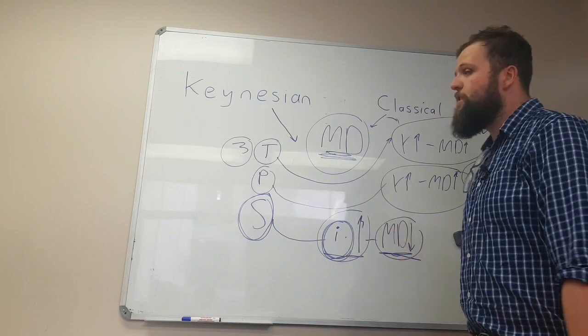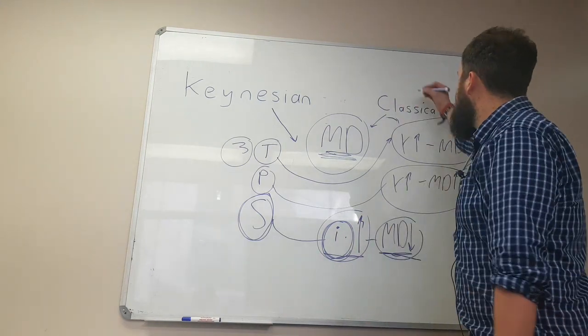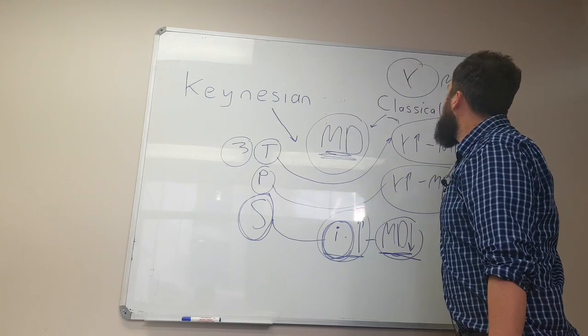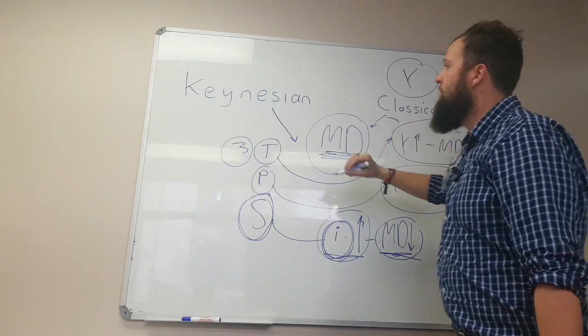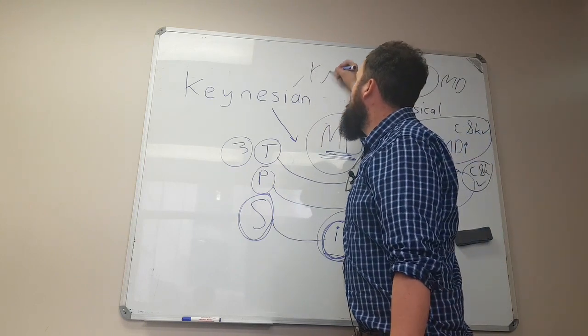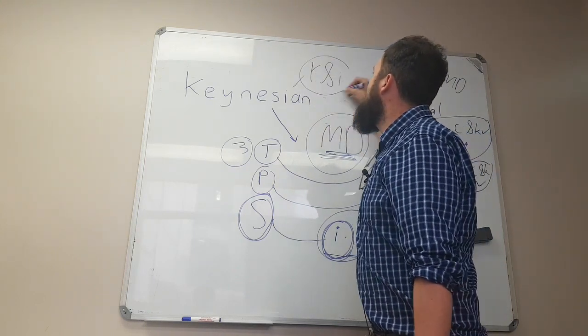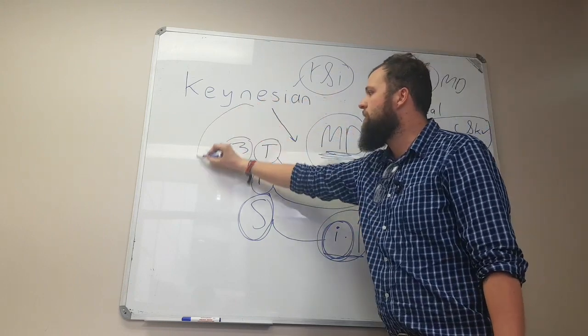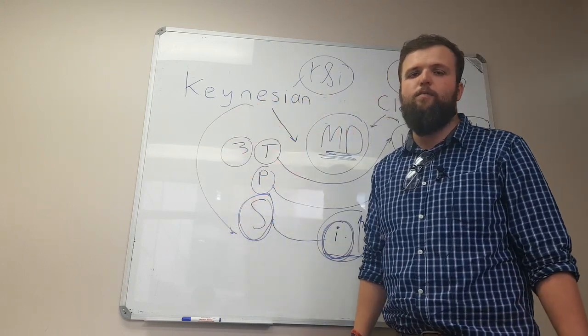That's the key thing to understand here: interest rates now play a part in your determination of money demand. So just to quickly summarize, for the classical school, only Y plays a part in affecting your money demand. With the Keynesian school, Y and interest rates play a part, because the Keynesian side looks into the speculative nature of money demand.